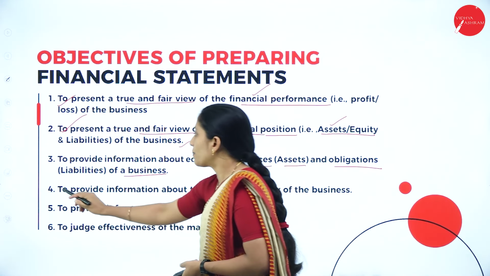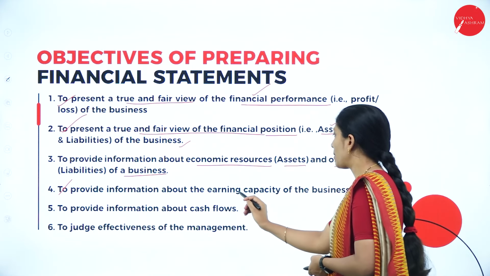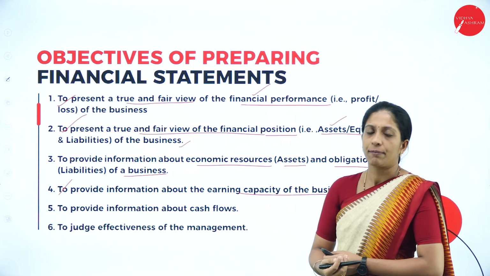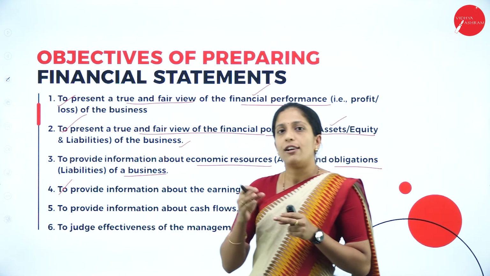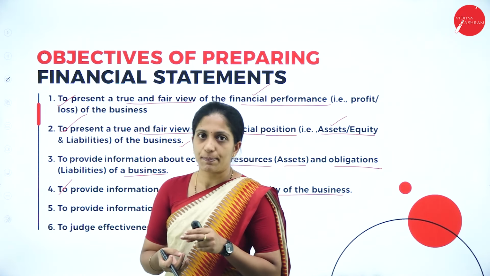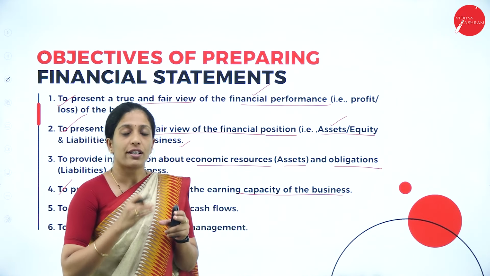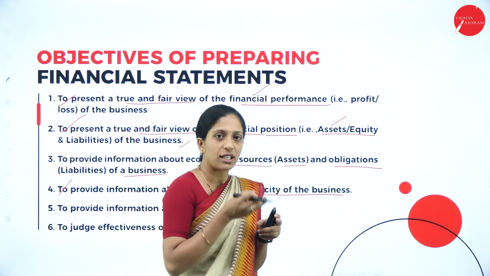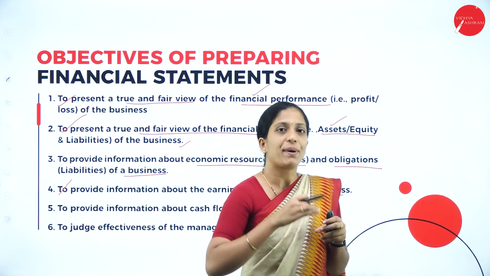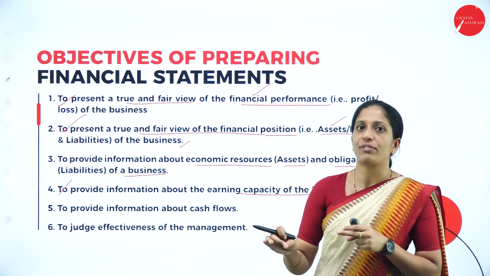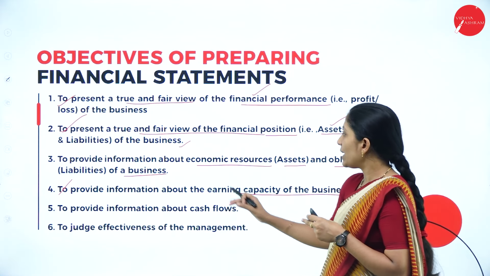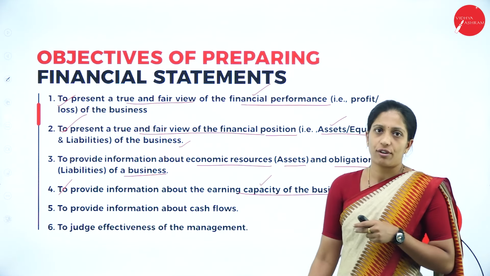And the fourth objective is to provide information about the earning capacity of the business. Of course, throughout the year a lot of transactions take place. If we record all those transactions in a systematic manner and prepare the financial statement at the end of the financial year, we will come to know the earning capacity of the business.